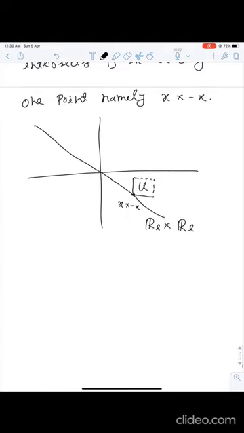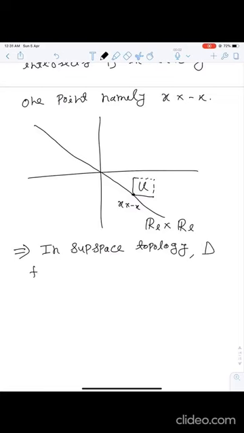Okay, that implies in the subspace topology D forms a discrete topology.